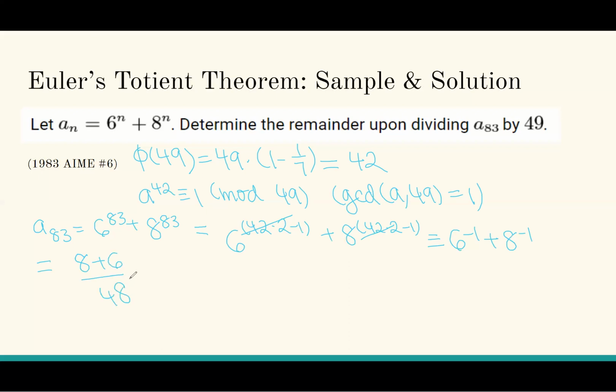And then since 48 is equivalent to negative 1 in modulo 49, this is equivalent to 14 over negative 1, which is negative 14, which is equivalent to 35. This is mod 49. And note that 35 would thus be our answer.